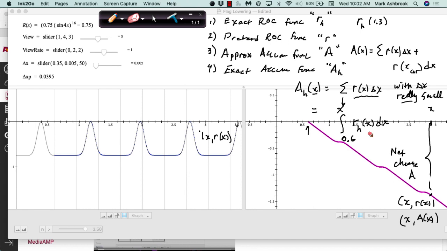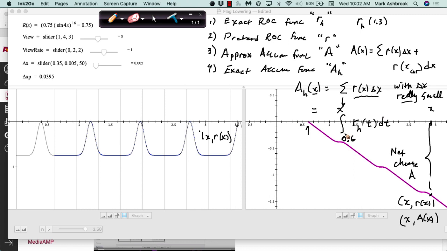We start at 0.6 and accumulate all the little changes from 0.6 to x. So we don't want to use x here to mean the right end of it; we'll just use, say, t. So t is all the x values from 0.6 to x, and we accumulate at all those different rates between 0.6 and x.